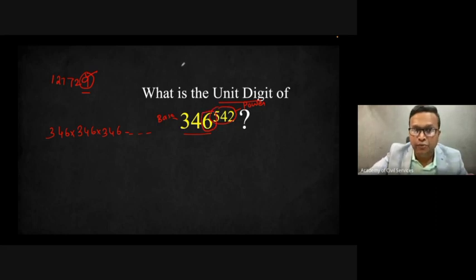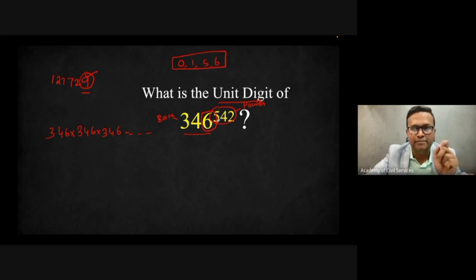If the unit digit of the base is 0, 1, 5 or 6, then the answer will be the same number.